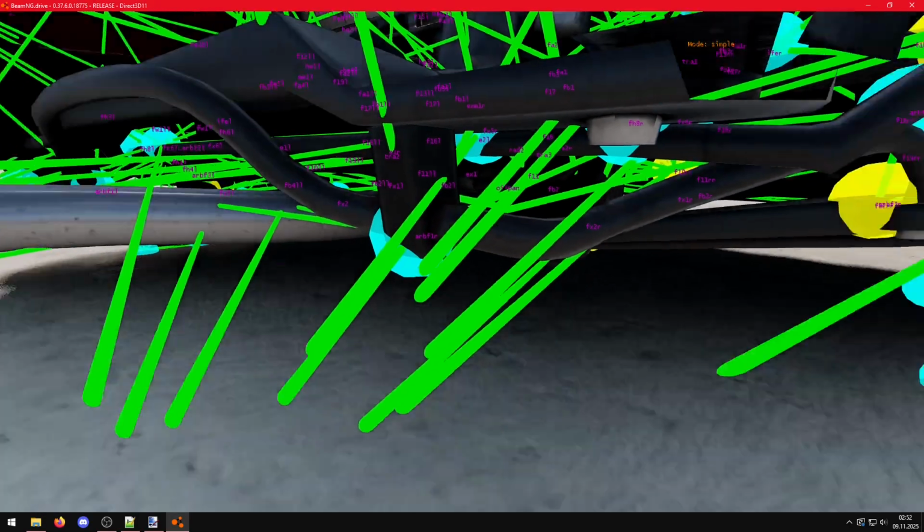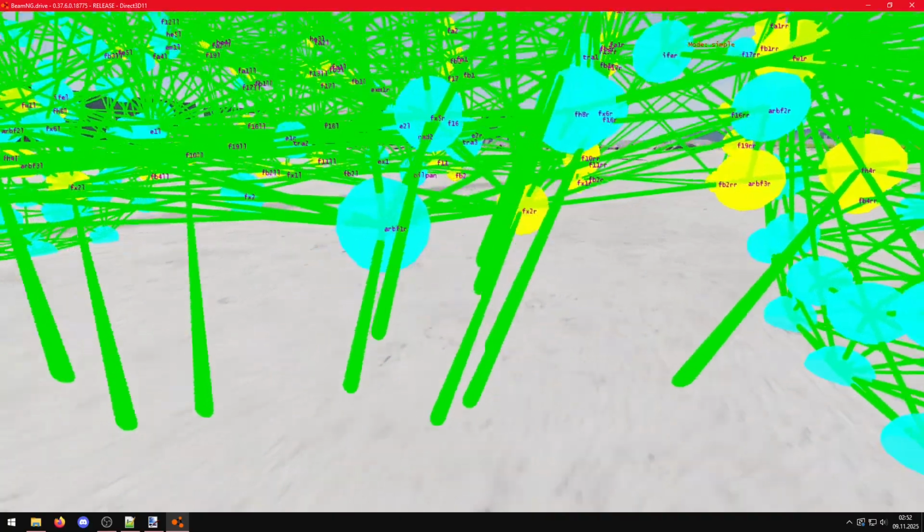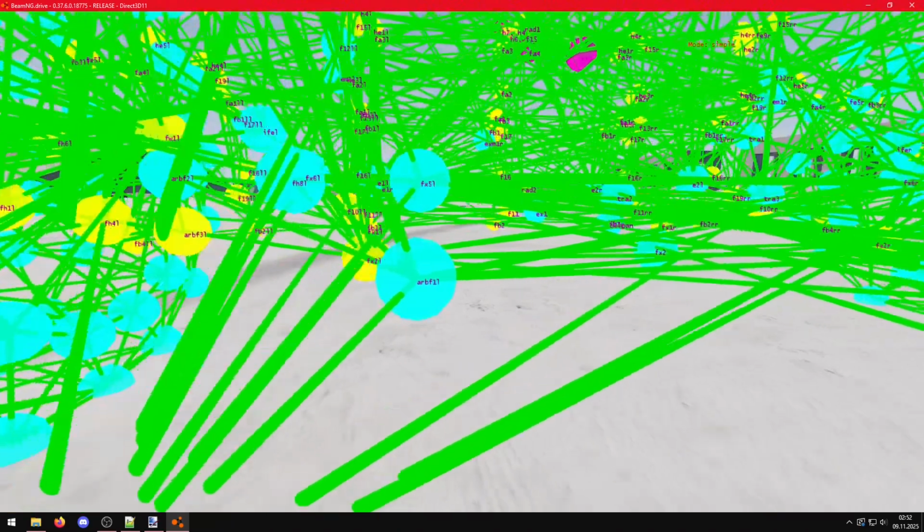That right there is the sway bar, and these 4 nodes make up the torsion bar.